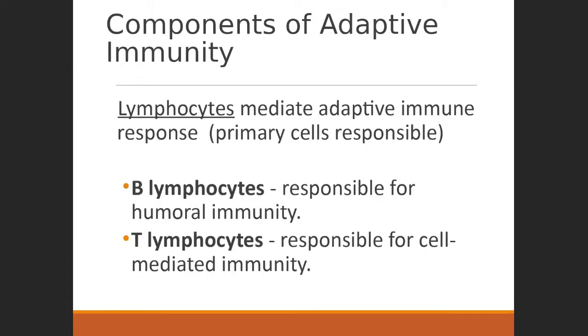When we look at the components that are going to be involved here, obviously we're talking about immune lymphocytes, but particularly B and T lymphocytes and their respective subclassifications. The B lymphocytes, as I said, are involved with the humoral immunity that we mentioned earlier. The T lymphocytes are going to be involved with the cell-mediated immunity.